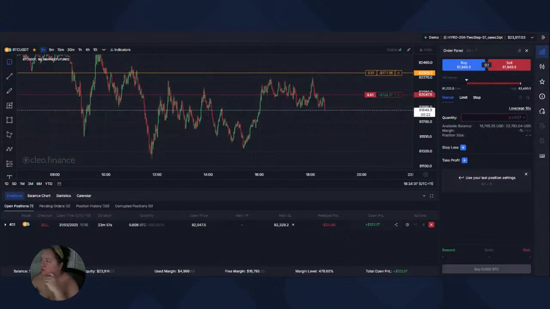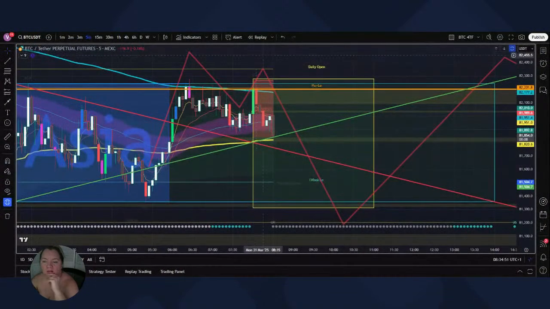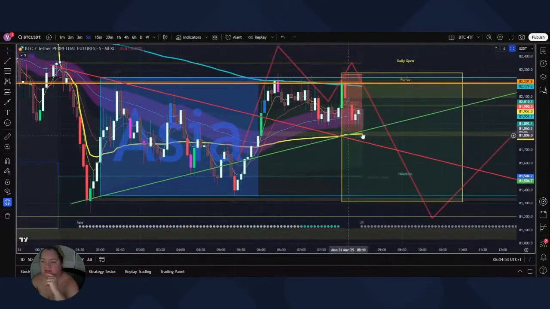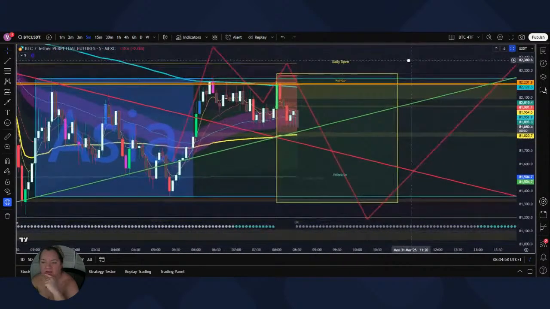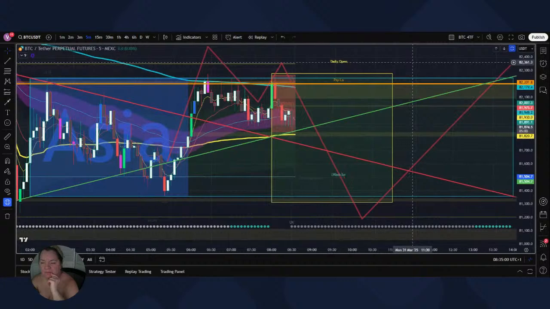Now we're getting the push on my Clio. This is the resistance. This is my uptrend line. I've got VWAP and the uptrend here. I'd really like to see it push.